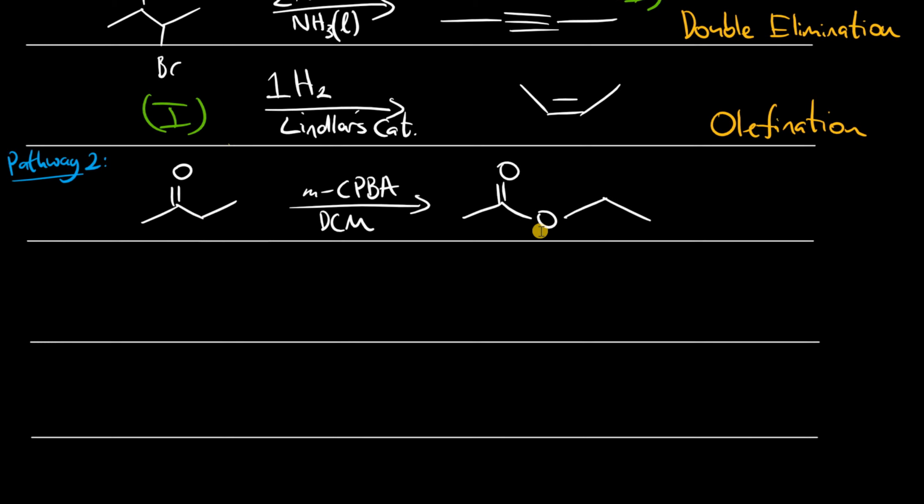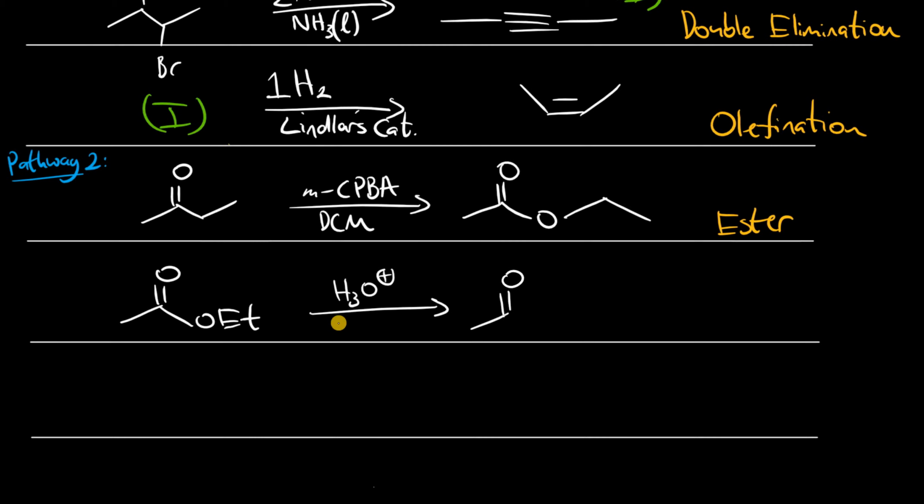So now we have an ester. We have ethyl acetate. And our ester is a perfect substrate to be hydrolyzed as an acyl compound. So we can do an acid or base hydrolysis. Let's use acid. And what that does is form acetic acid and ethanol.